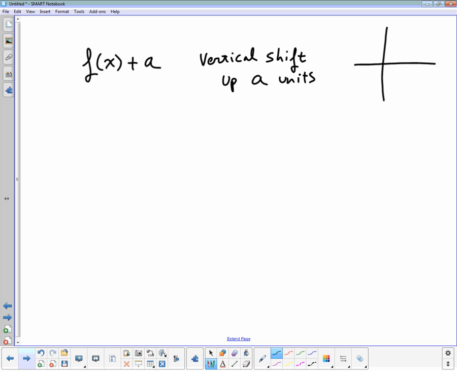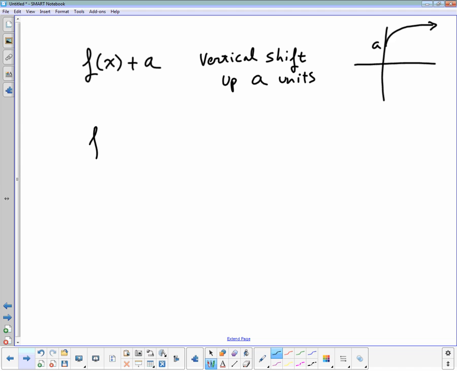You can draw yourself a little picture where now the y-intercept, instead of being 0, is moved up a units. If a was negative, it would go down that same value.